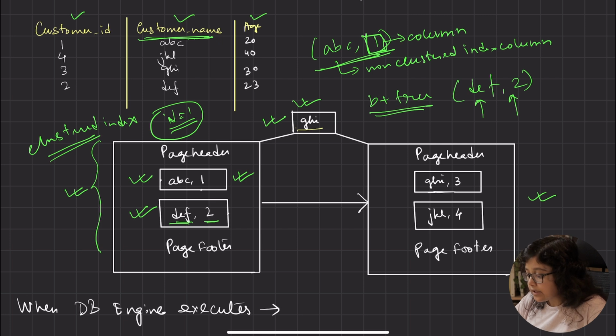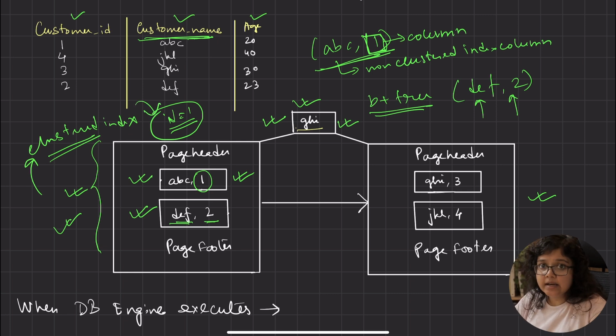So the search process using the non-clustered index starts from the root of the non-clustered index. From there we go to the desired data page that contains the actual value of the non-clustered index. From there we get the value of the clustered index. From there we go to the clustered index and go to the actual data record of the table.